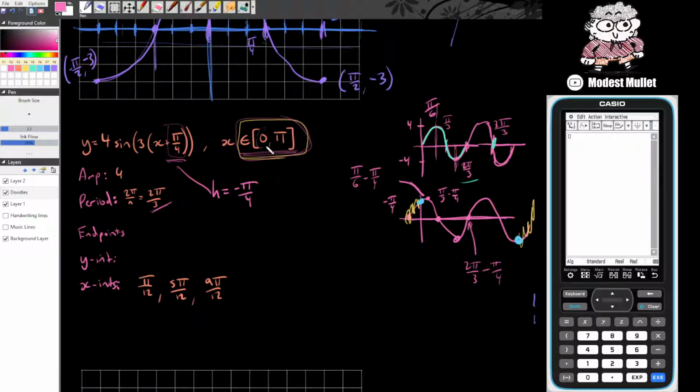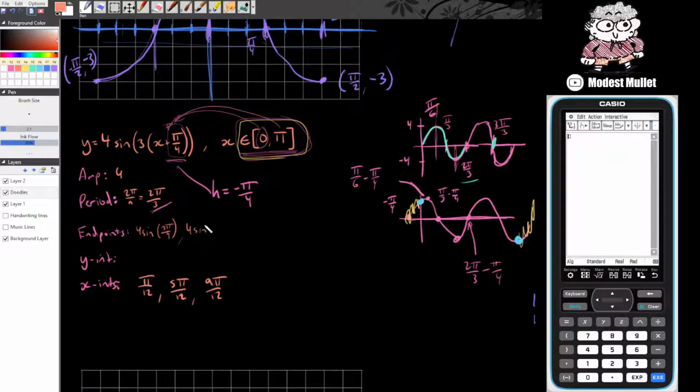But all you're going to do is substitute 0 into this whole equation, find your y value, substitute pi in, find it. So we do that quickly, put 0 in plus pi on 4, we're going to get 4. Let's change colour so it stands out. We're going to get 4 sine of 3 pi on 4. And we'll put pi in, we're going to get pi plus pi on 4 is 5 pi on 4 plus 3 is 15.